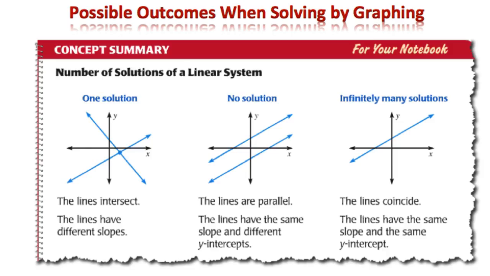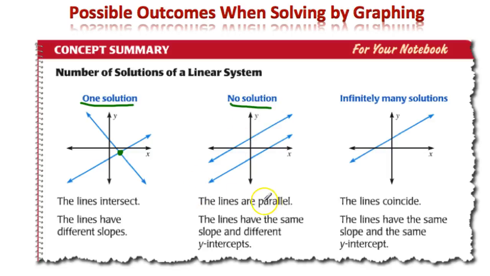Alright, now I want to talk about the 3 different outcomes when we graph a system of equations. The first one, this is what we've been doing in the first video in this chapter. You have one solution. The lines have different slopes and they intersect at one point. The ones we just did have no solution, right?